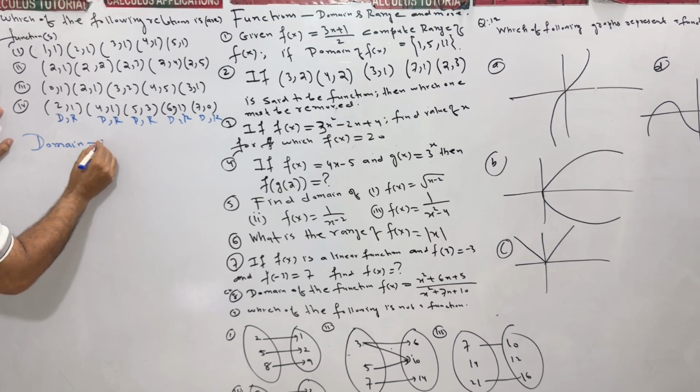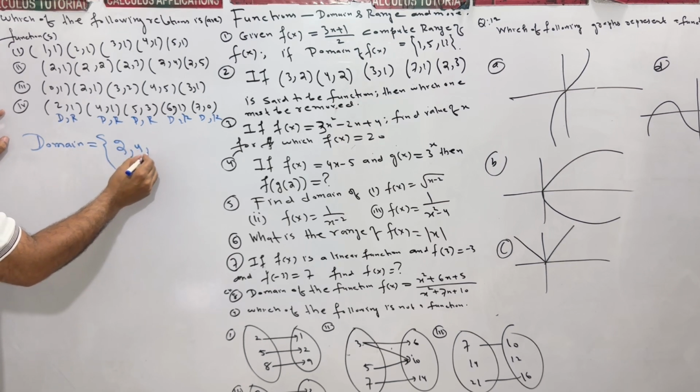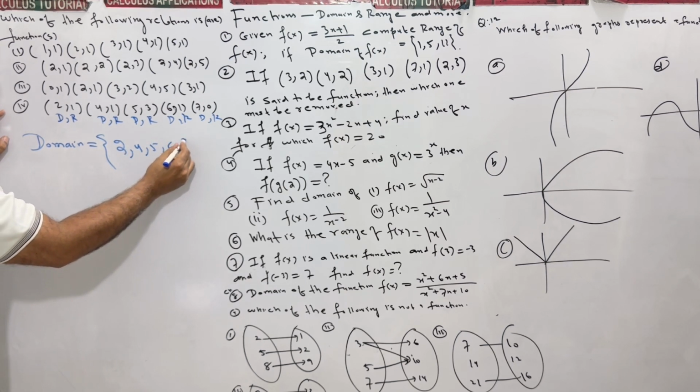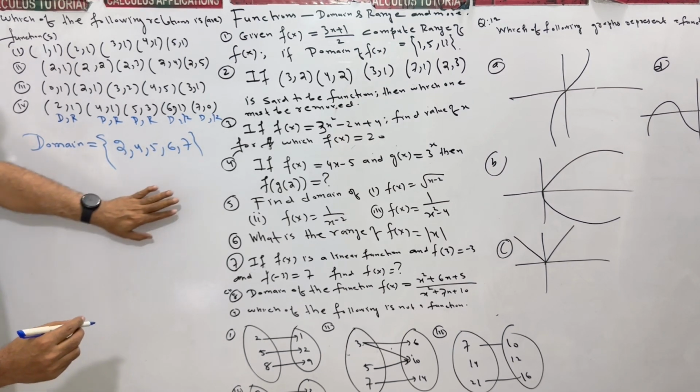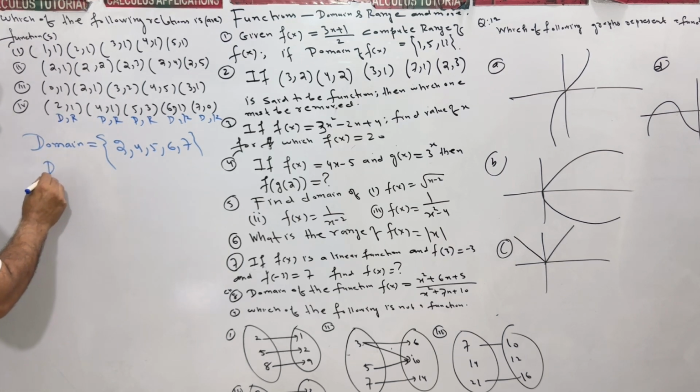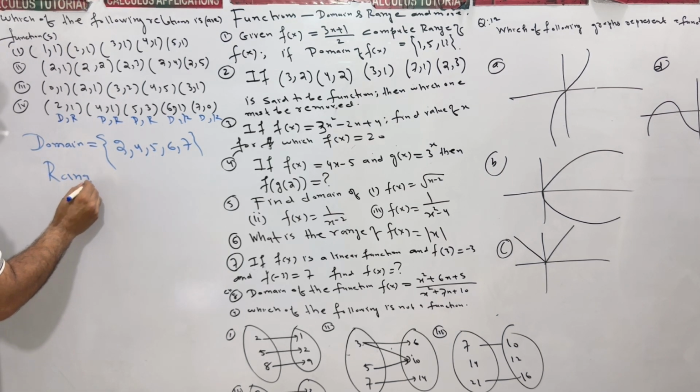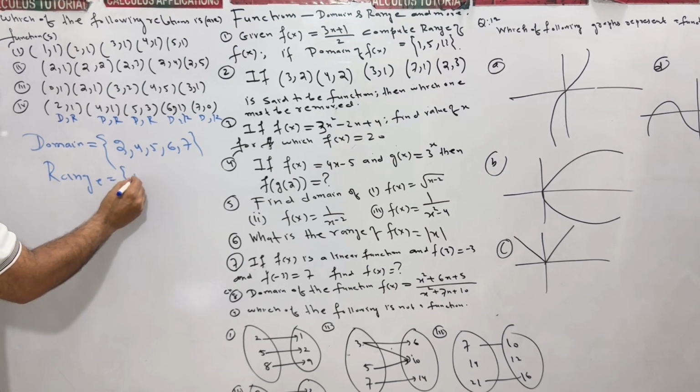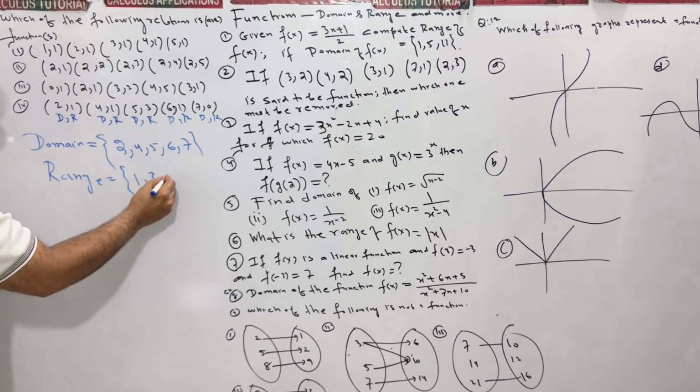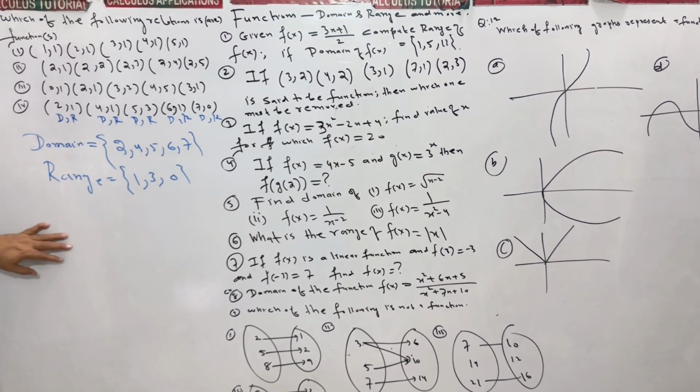For the domain, taking the first elements, we write 2, 4, 5, 6, 7 without repetition. That is our domain. What about the range? Our range is simply 1, 3 and 0. Repetition is not allowed. That is our domain, that's our range. That is the side concept.